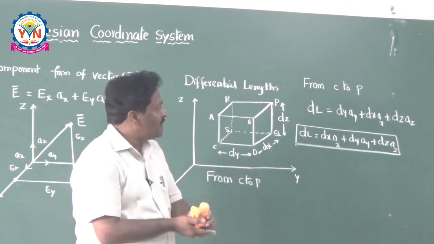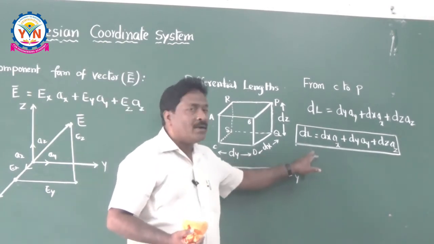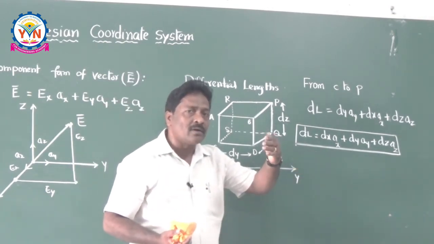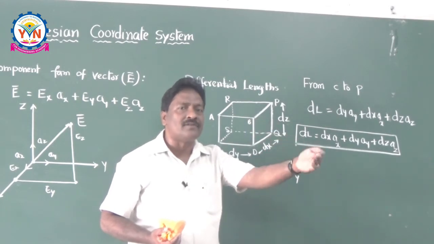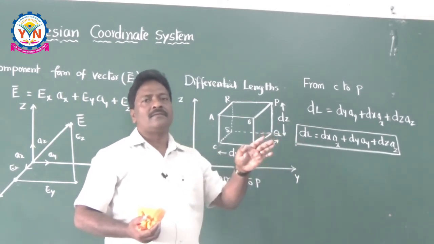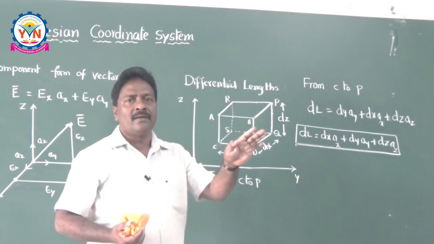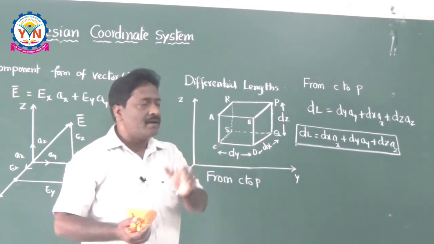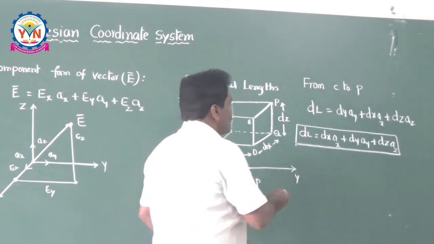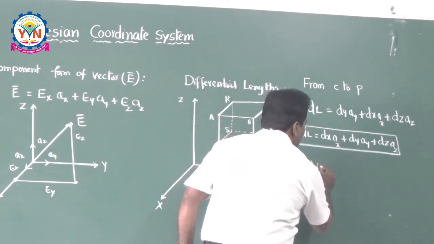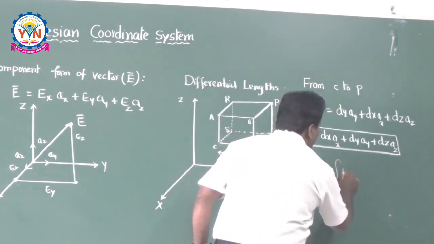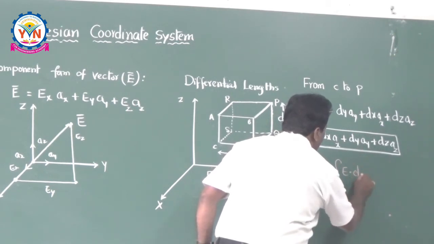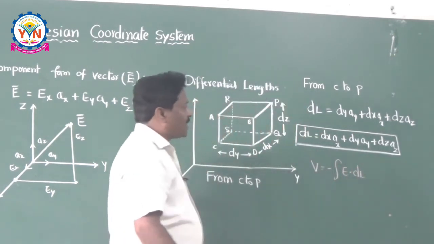This differential length is a very useful concept whenever you are going to calculate the potential in future. In the potential, if you remember exactly, V is equal to minus integral E dot dl. The E dot dl is nothing but the length element. V is equal to minus integral E dot dl.